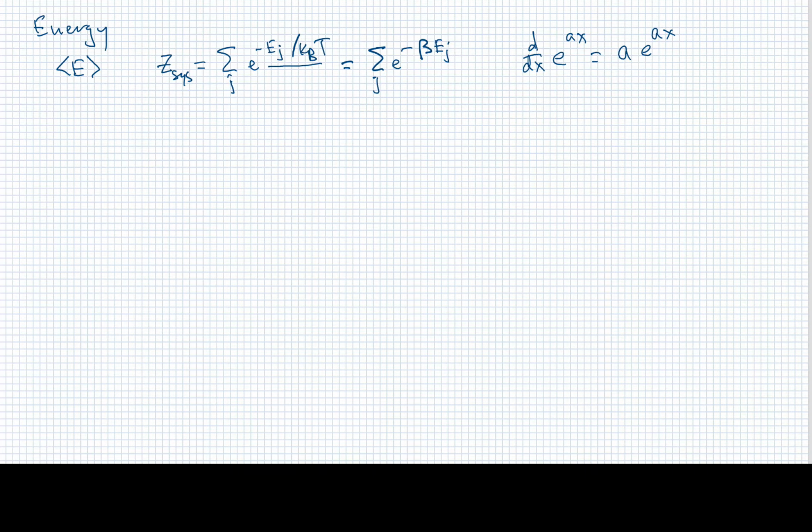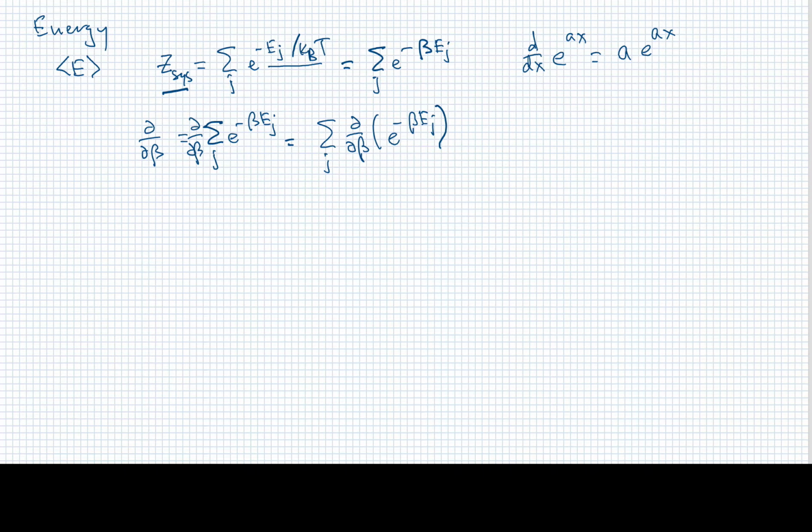So now if I take this expression for Z system and I take the derivative with respect to beta, I'm taking the derivative with respect to beta of the summation of e to the minus beta Ej, and that's just the same as taking the derivative of each of the terms in that summation.